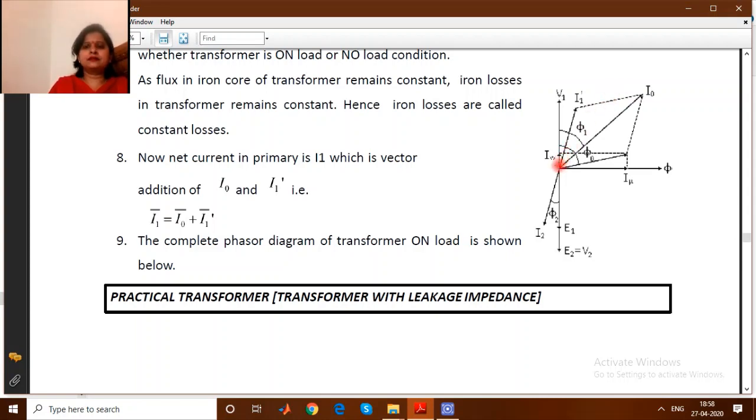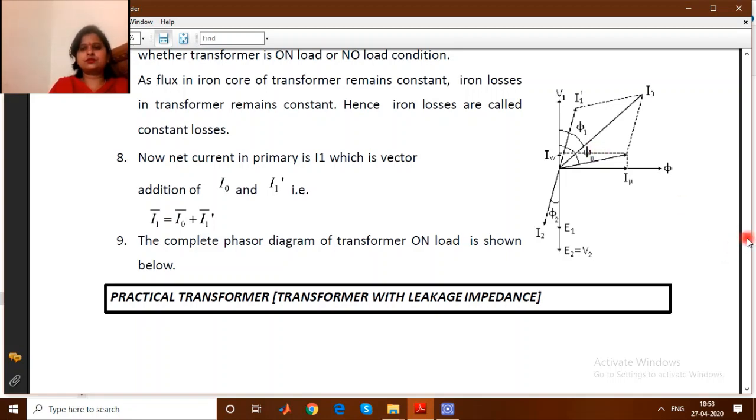Now when the load is capacitive, for leading power factor, I2 will be here. Then I1 dash will be in phase opposition to I2, and the primary current I1 will be somewhere here, the resultant of I1 dash and I0, right. So this is the phasor diagram of ideal transformer on load condition.